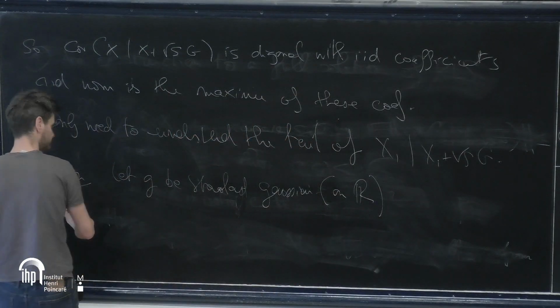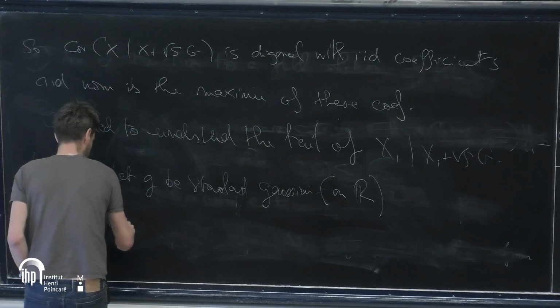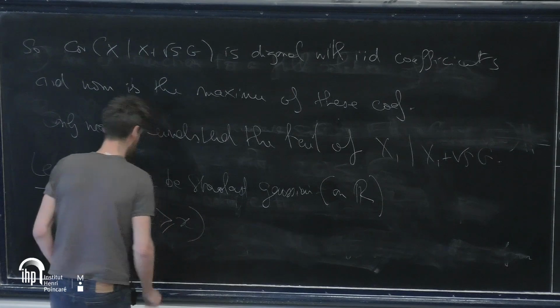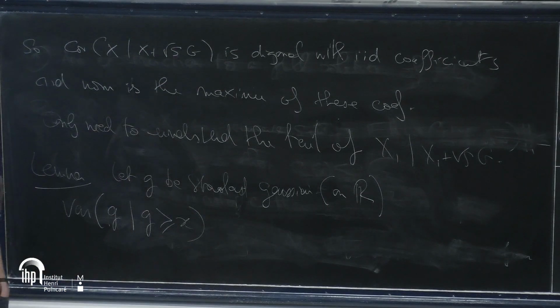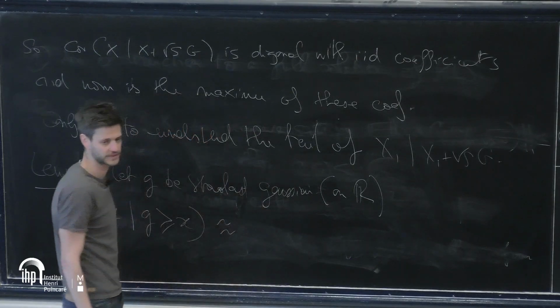I need to understand the conditional variance of G conditioned on G larger than some x. I just need the order of magnitude of this function.